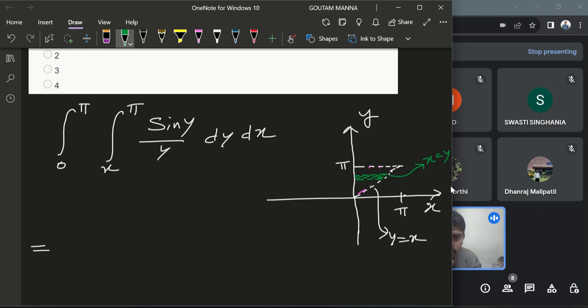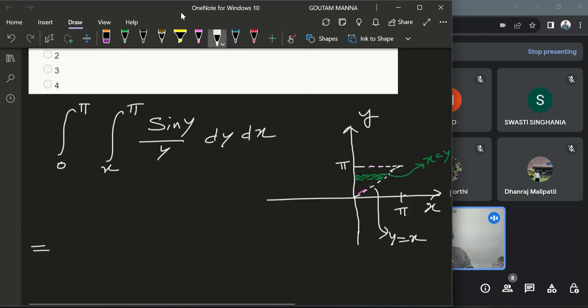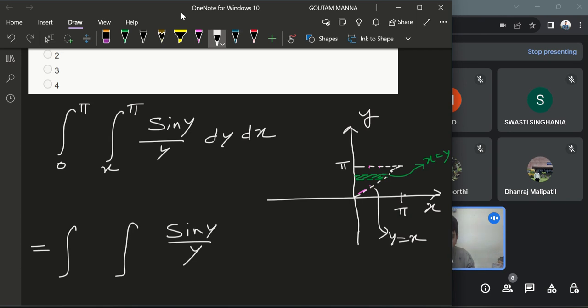So in that case, this integration can also be written as sin y by y, which I'm keeping intact, and I'm doing the x integration first, so I'm writing dx before dy. The x limit will be going from 0 to y, and then I will run this area element throughout the y limit, that will be 0 to pi.